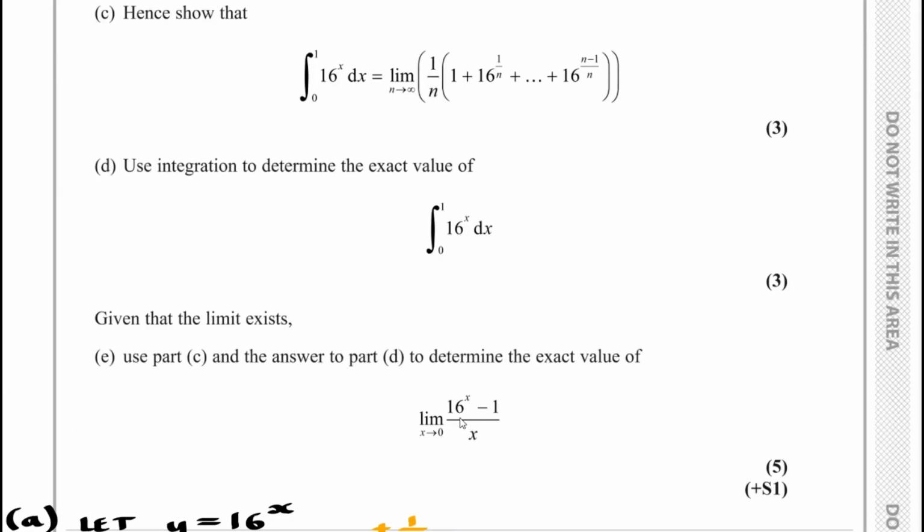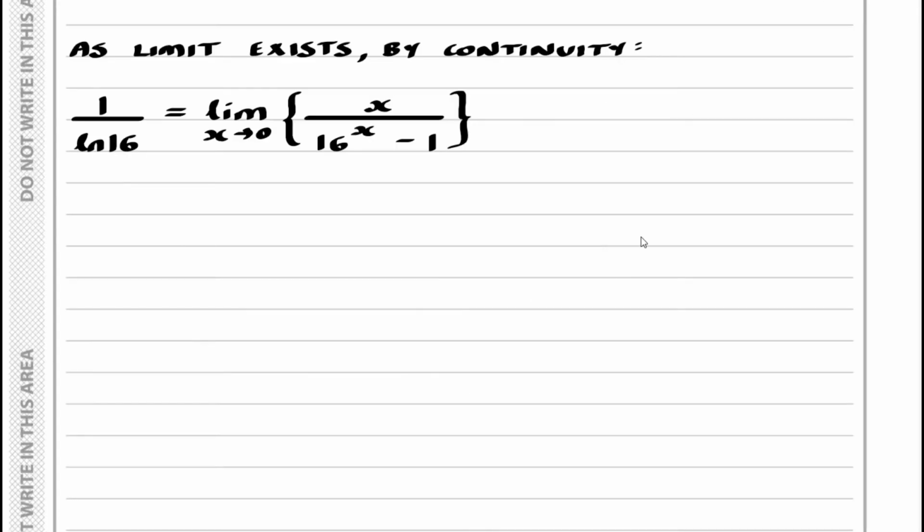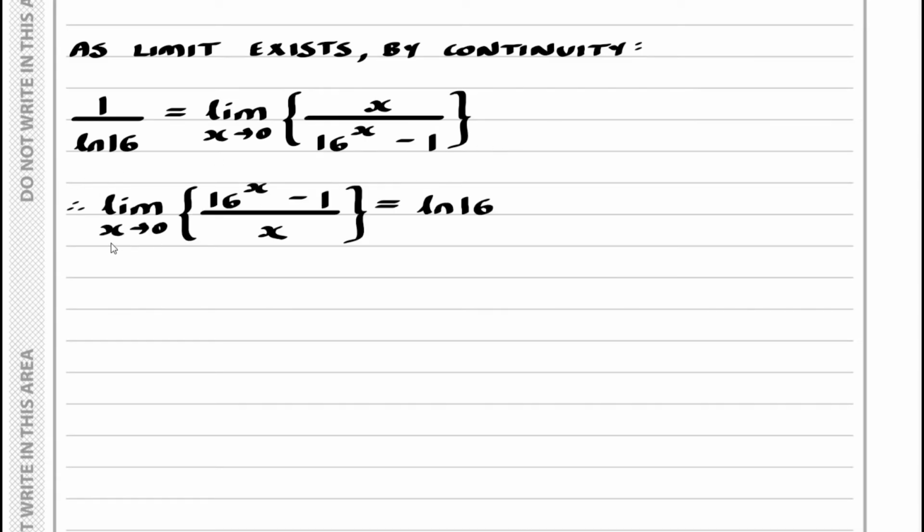What we want to find is the limit as x tends towards 0 of (16^x subtract 1) over x, and that's just the reciprocal of what we have. So if we reciprocate, the limit as x tends towards 0 of (16^x subtract 1) over x is equal to 1 over (1 over the natural log of 16), which is just the natural log of 16. And therefore, the result is equal to the natural log of 16.